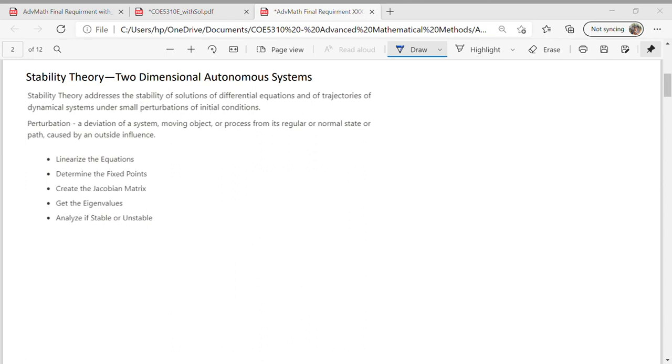So for stability theory, the questions that we might ask: in a steady state, what is happening around that steady state? What if we perturb that system or introduce a very small deviation on it? What will happen?